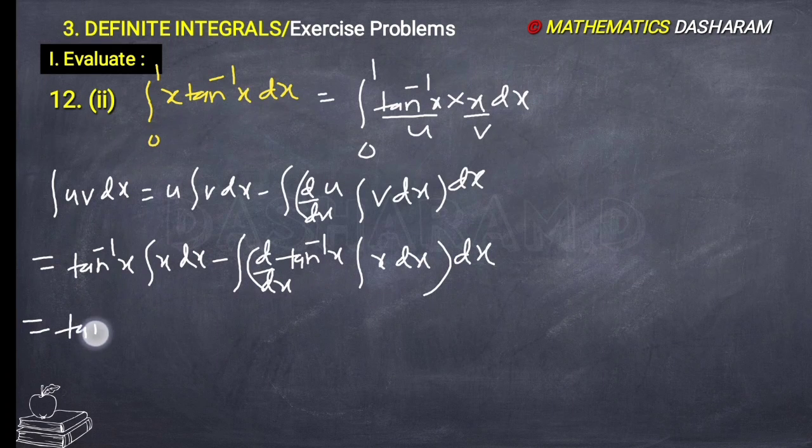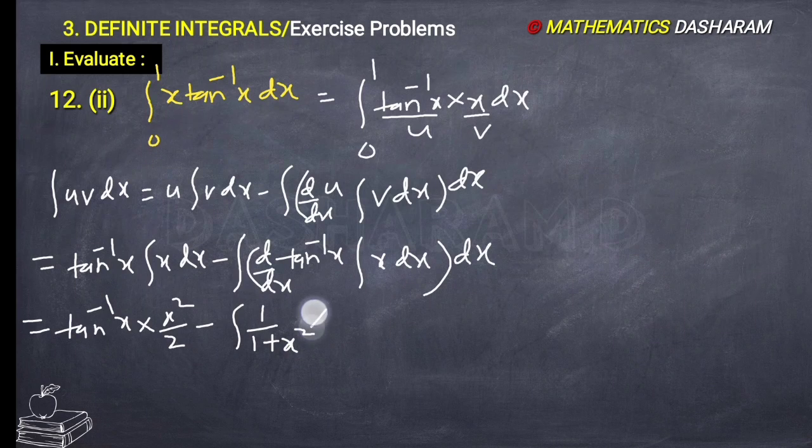It is equal to tan inverse x, integration of x is x square by 2, minus integration d by dx of tan inverse x, which is 1 by 1 plus x square, and integration x dx, which is x square by 2, next to whole dx.